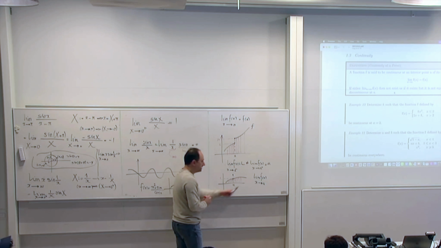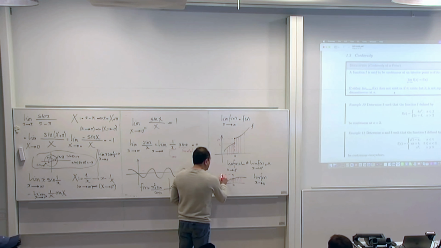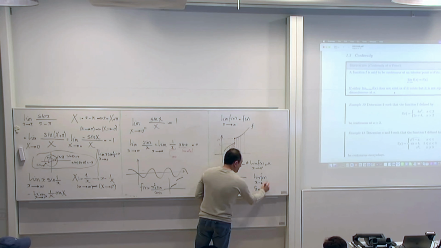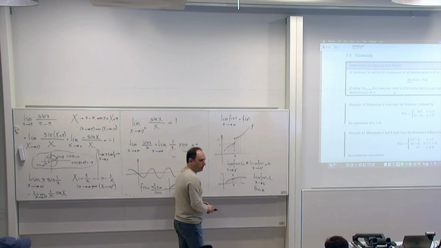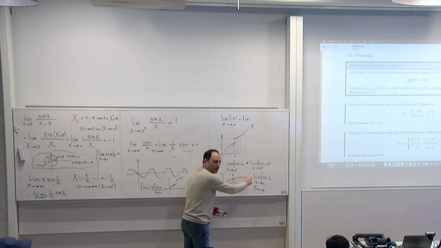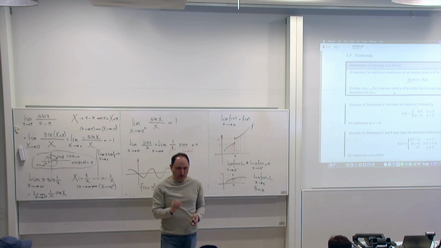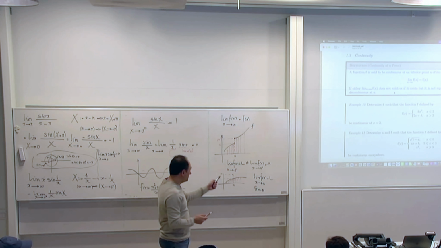So this limit really exists. But what is f of a? f of a is M. So the limit exists and it is equal to L, but the value of the function at that point is a different number. So again, this equality does not hold. So it's a very good definition. It highlights that this is not continuous.